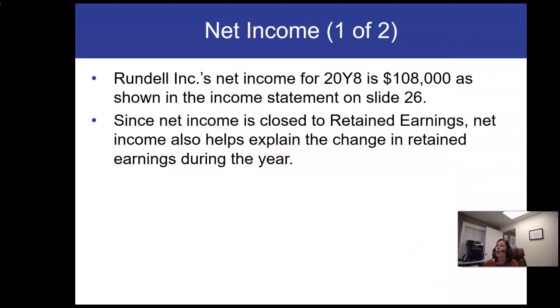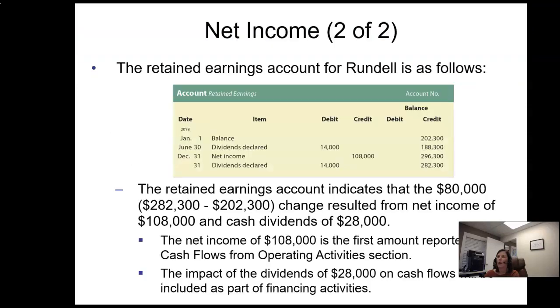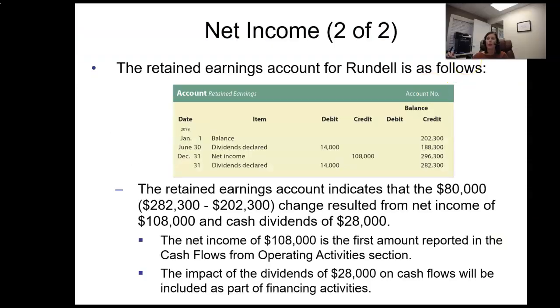Okay, so now what do we do that we've done that? As I said, we've got the net income of 108,000. We also need to calculate what we paid out in dividends. Now remember, we had an $80,000 change in our retained earnings.